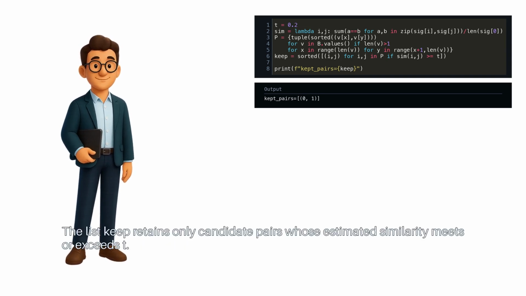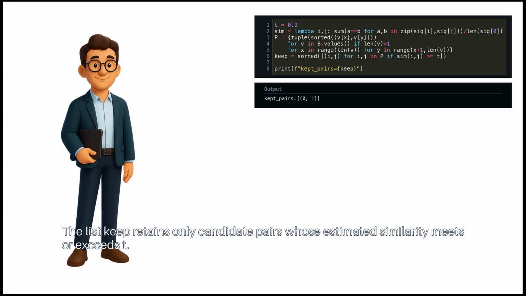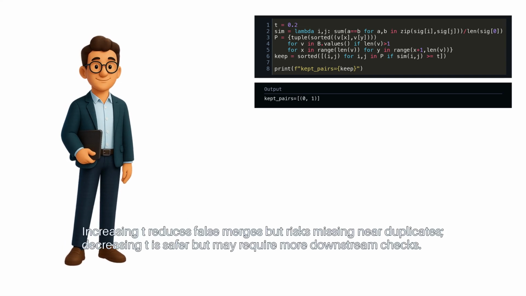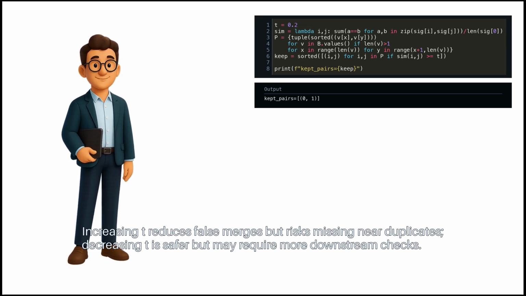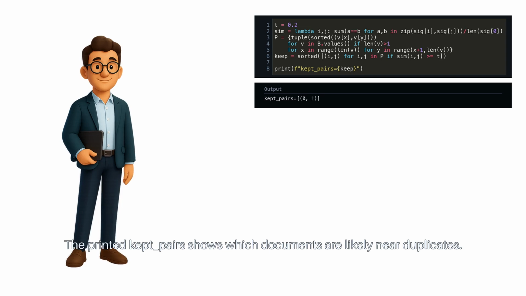The list keep retains only candidate pairs whose estimated similarity meets or exceeds T. Increasing T reduces false merges, but risks missing near duplicates. Decreasing T is safer, but may require more downstream checks. The printed kept pairs shows which documents are likely near duplicates.